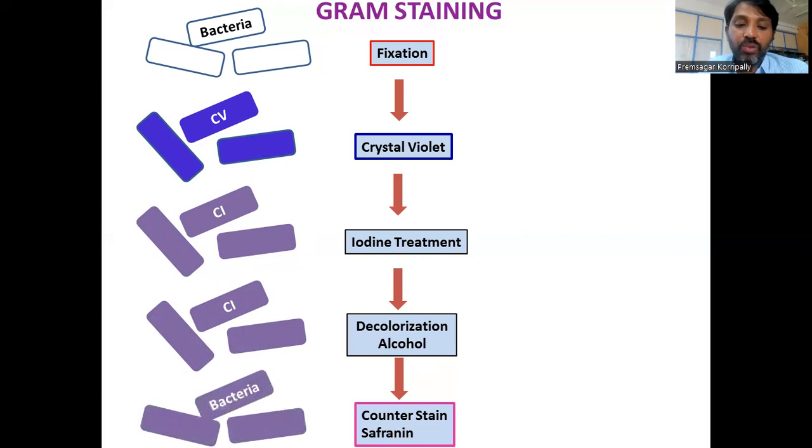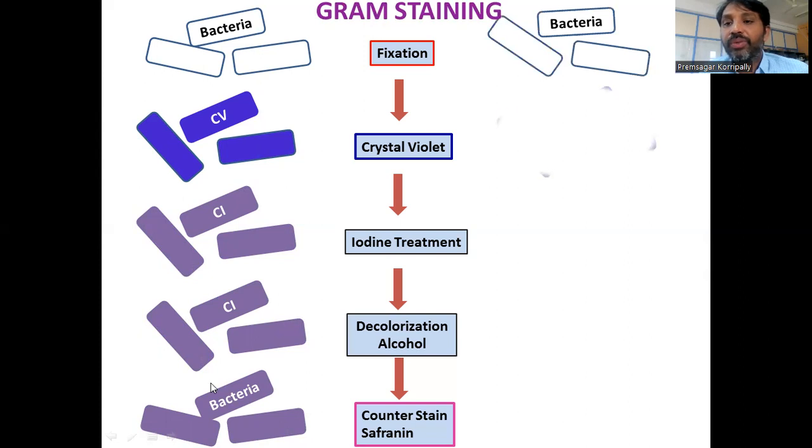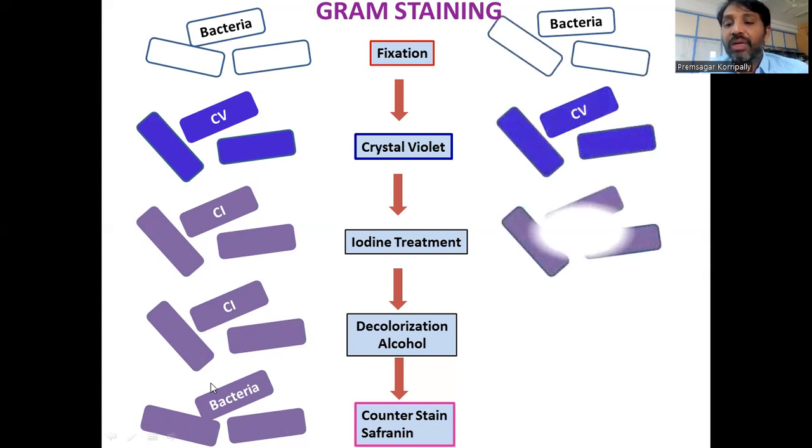If the color is not removed, then the color is retained. Then the bacteria that look purple are called gram positive bacteria. For the other sample, you do the same treatment: fixation, crystal violet addition, iodine treatment, and decolorization.